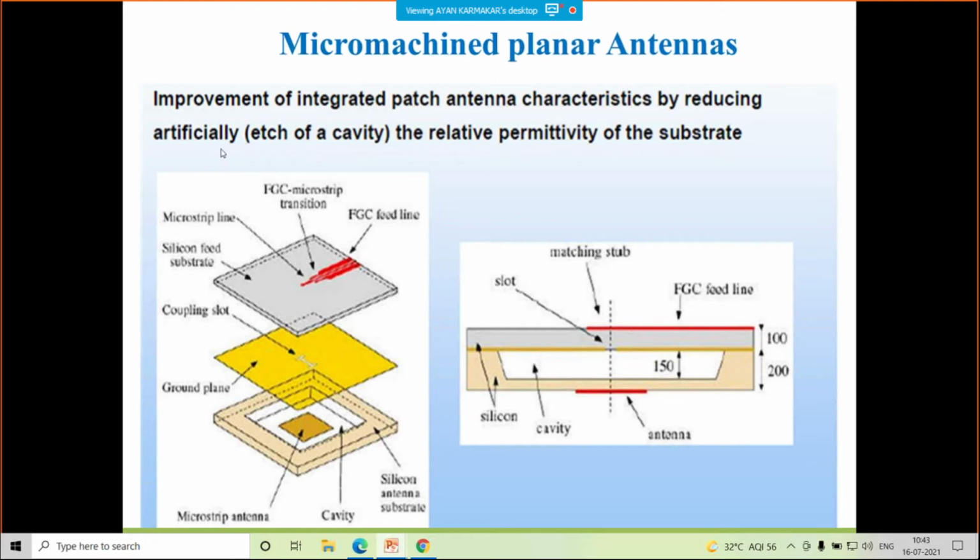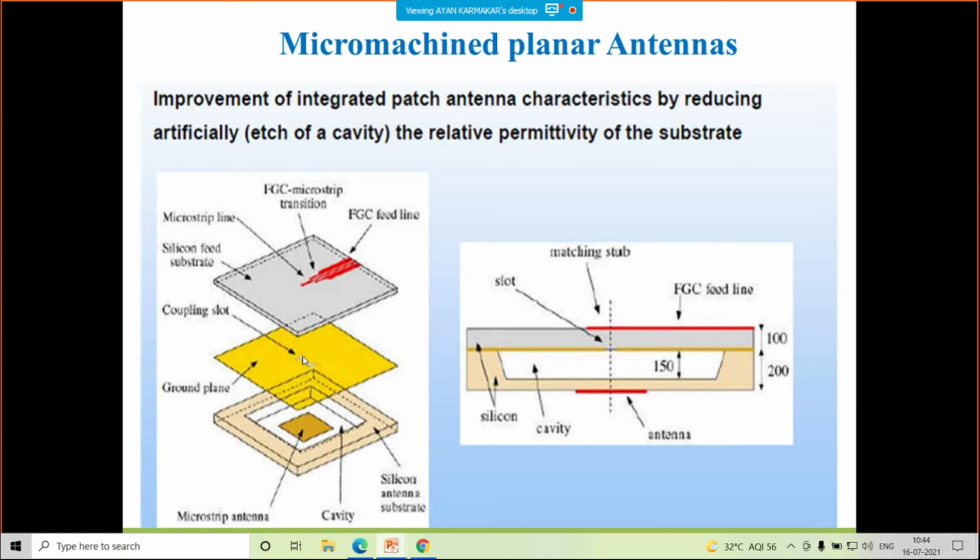If you look at this particular 3D profile, you will see there is a slit, there is a feed line, and some cavity has been etched and your antenna is there. So stacking of all these things is possible, and if there is some misalignment, there will be some cross polarization and some spillage of the electric field.